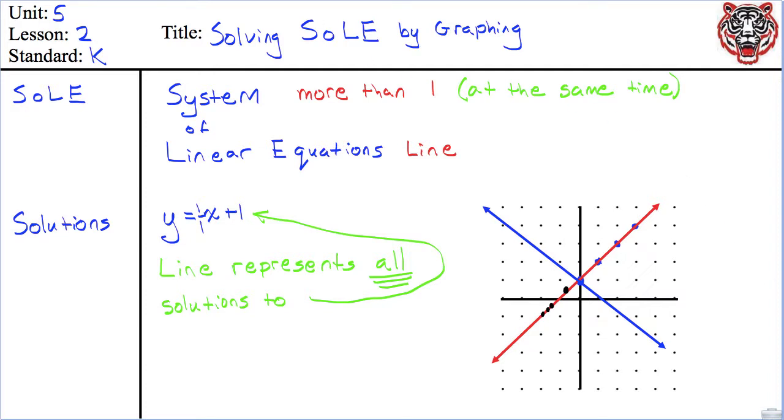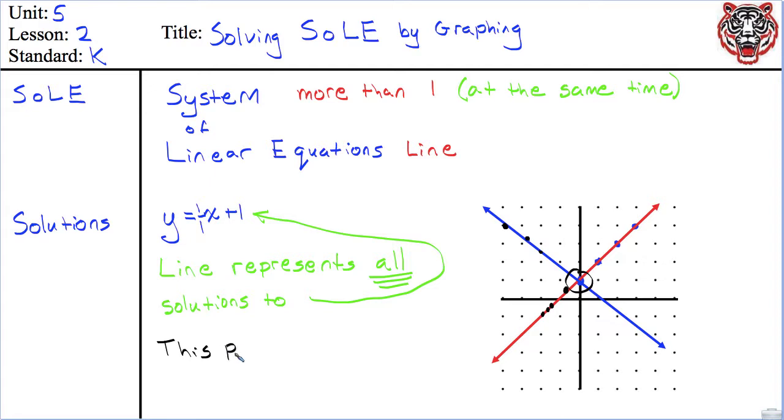Well, I could have any point on the blue line, this point, this point, this point. Those are all solutions to the blue line. The only one point that satisfies both of those lines is where they intersect. This point right here, we can circle it. That point right there, and we'll write this out in our notes too.